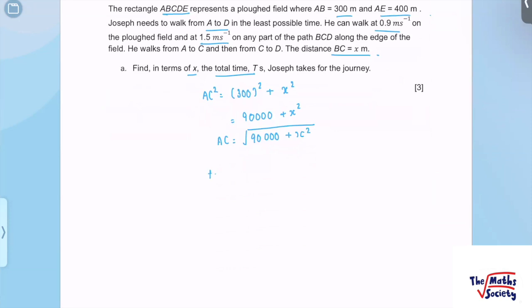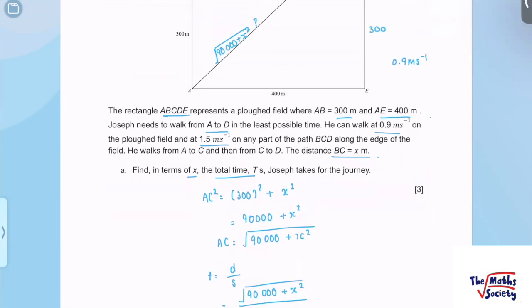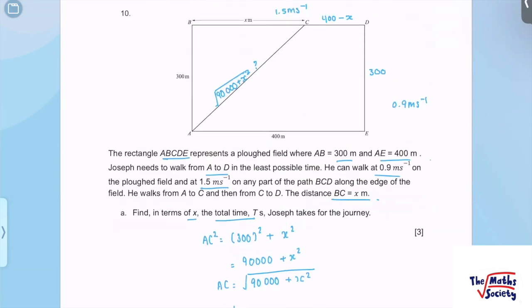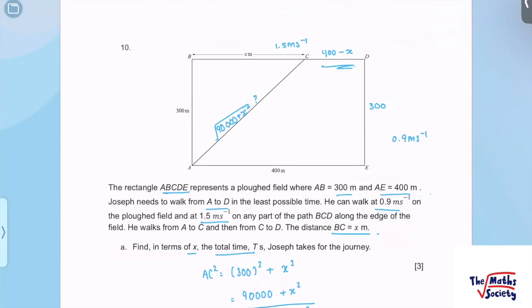So what time? Time is equal to distance by speed. So distance, we know it's root of 90,000 plus x squared, by speed, which was 0.9, yes. And then we want to find this other part where he's just going to walk.